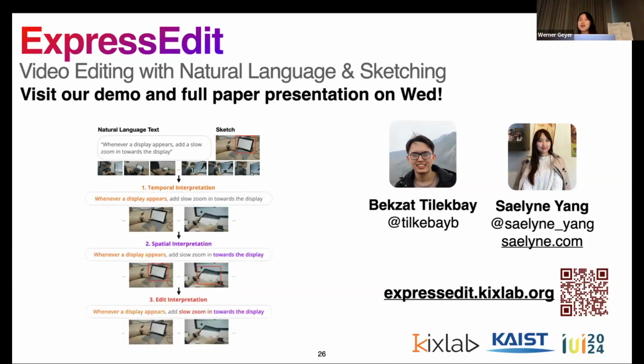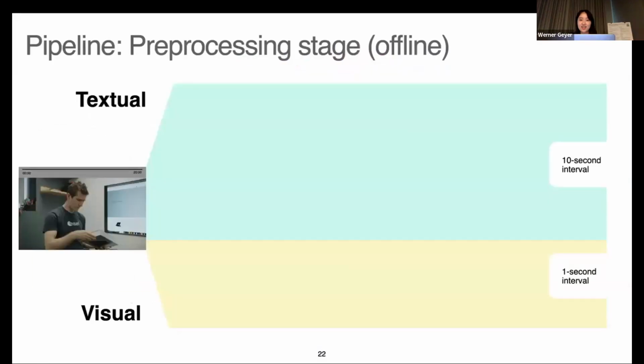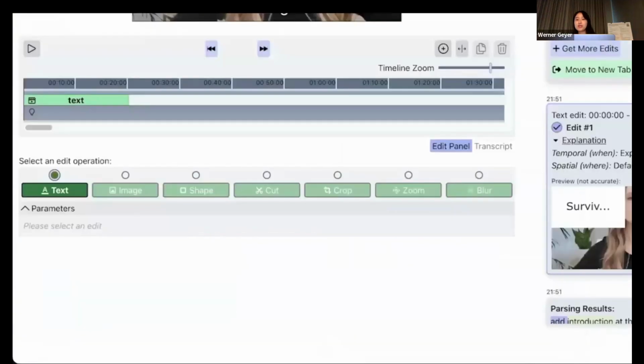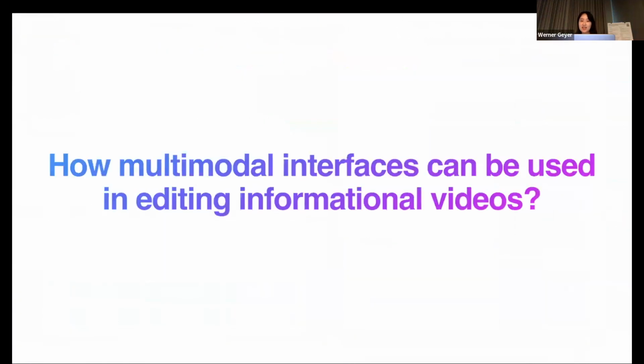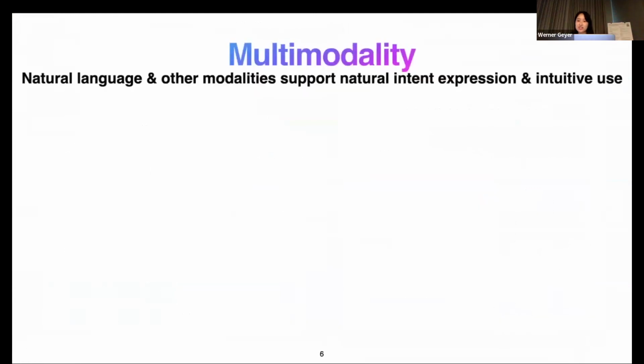Yeah, that's why we had this third design goal, which was that we should support iteration on the edits and support manual revision of the suggested edits.